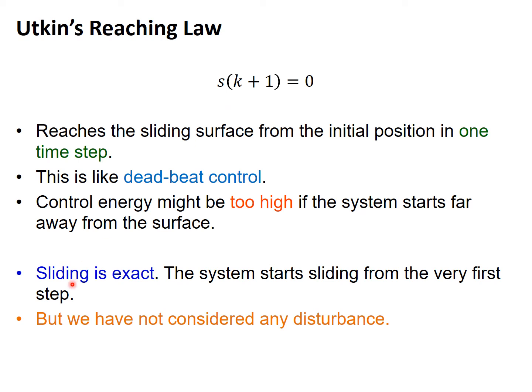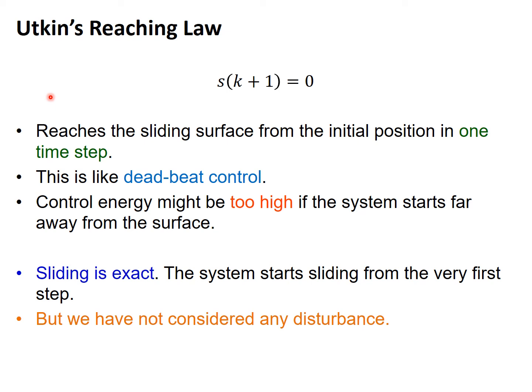So what are the attributes of this? Sliding is exact, so exact sliding is possible. I come to 0 and then I remain at 0 always. The system starts sliding from the very first step. Wherever it is far away, it comes to 0, then remains at 0.